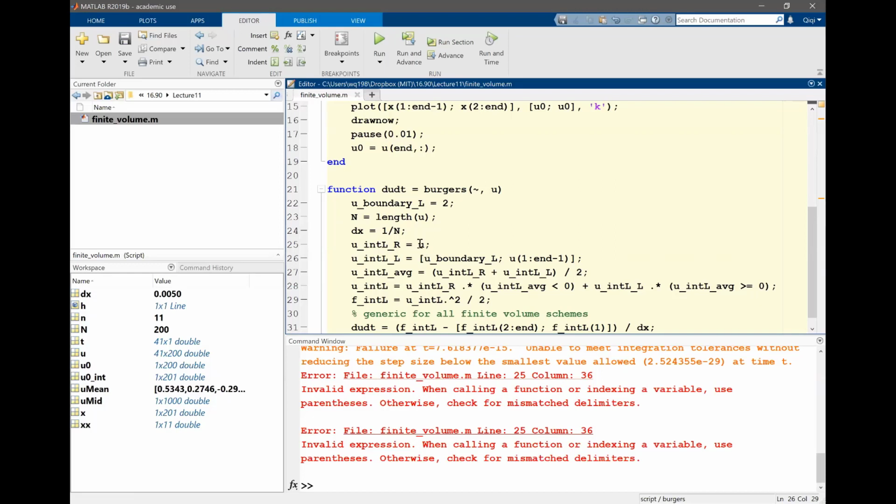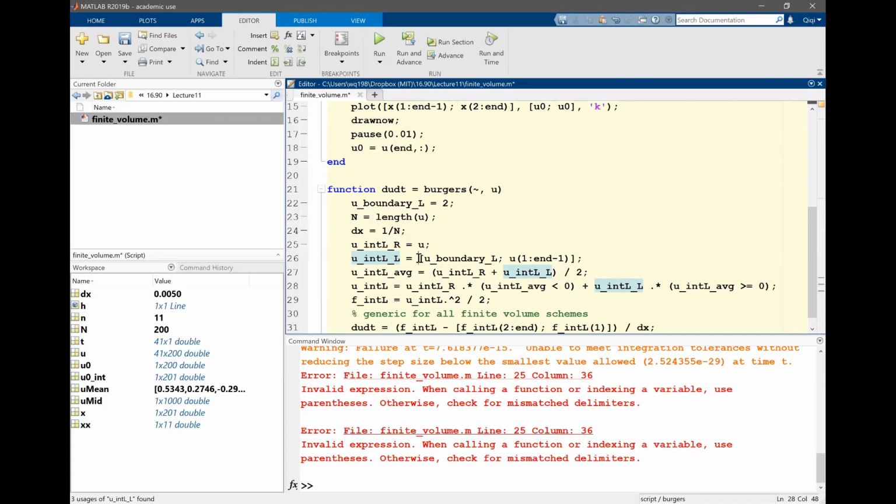Okay. And I would also have to basically, well, I actually don't need to do anything here because, if you look at this line 28, my U average is always greater than 0, so I would always only be looking at the left of the interface.